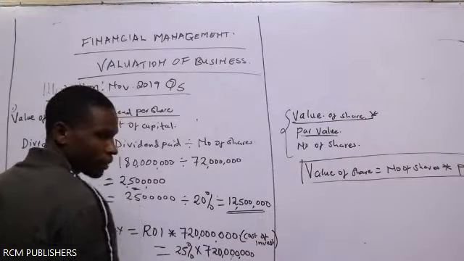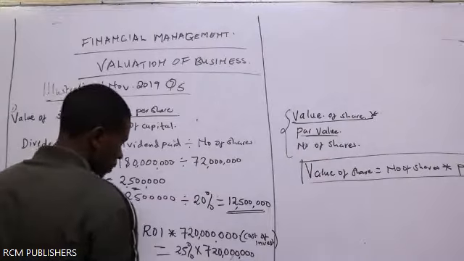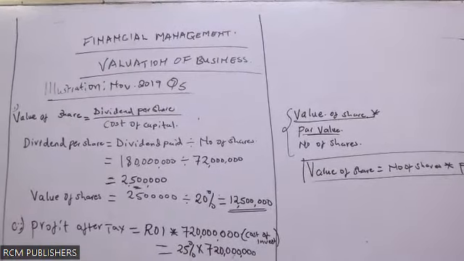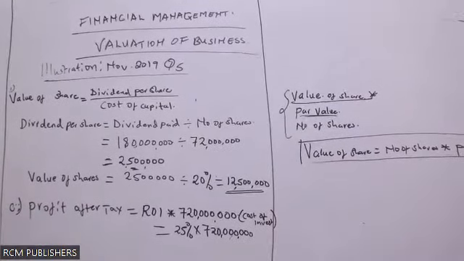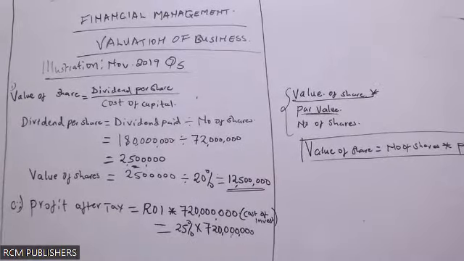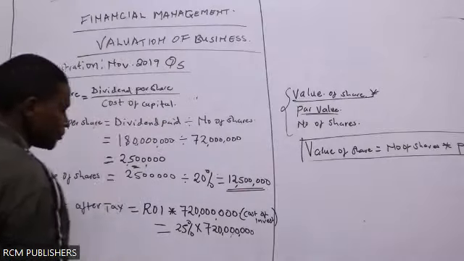How much are we getting here? It's visible. How much are we getting? 180 million.